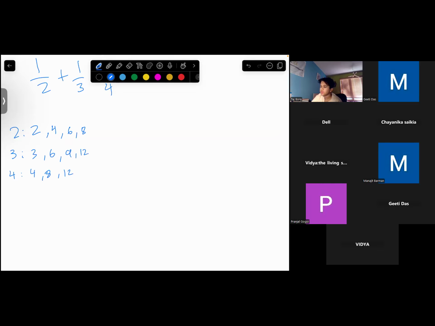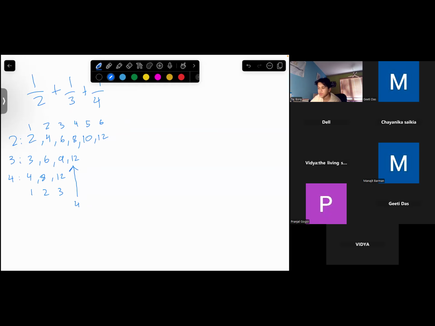And now we can see 12 works for 3 and 4. So let's see if it'll work for 2. Add 2, add 2. So it does. Now we can count 3 steps for 4, and then there's a 4th step for 3, and then there's 1, 2, 3, 4, 5, 6 steps for 2.